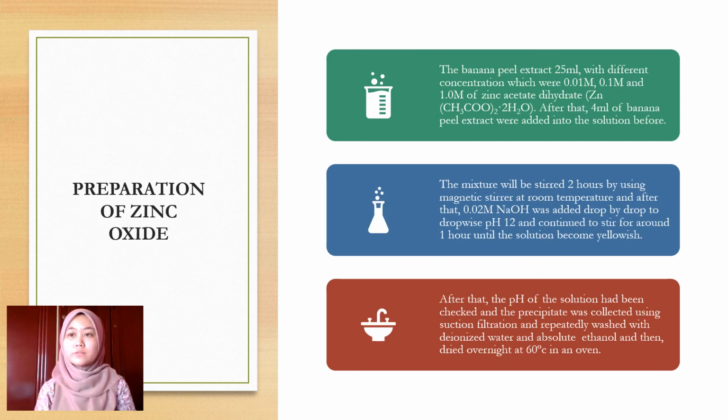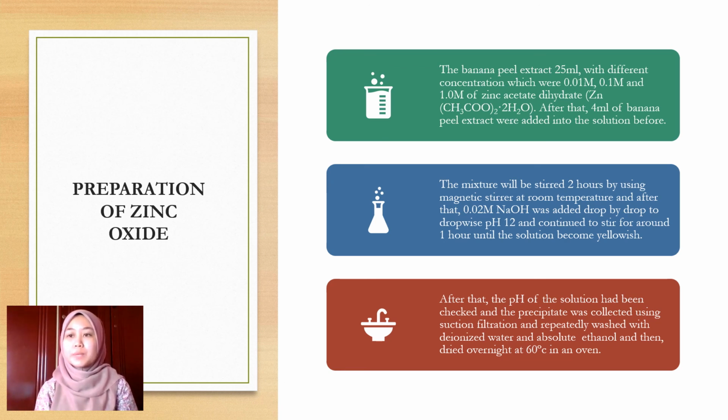For the preparation of zinc oxide, firstly, 25 milliliters of banana peel extract were added to different concentrations of zinc acetate dihydrate, which are 0.01 molar, 0.1 molar, and 1.0 molar. Then, the mixture was stirred for 2 hours using a magnetic stirrer at room temperature, and after that, 0.02 molar sodium hydroxide was added dropwise to reach pH 12 and stirred for about 1 hour until it became yellowish.